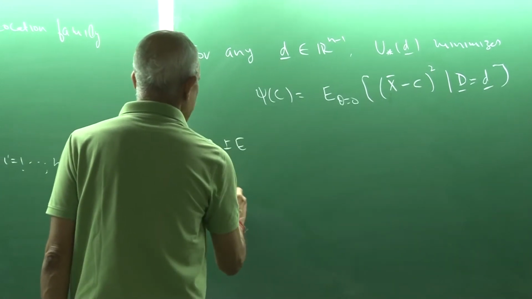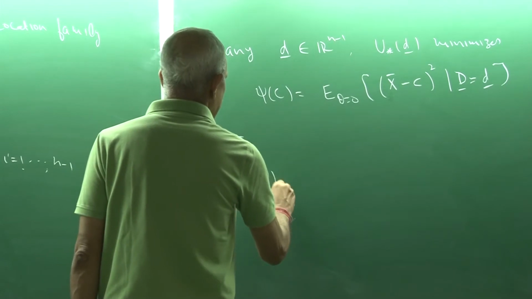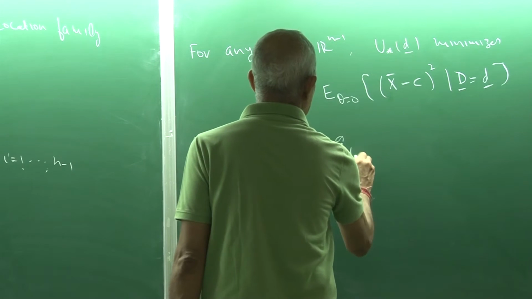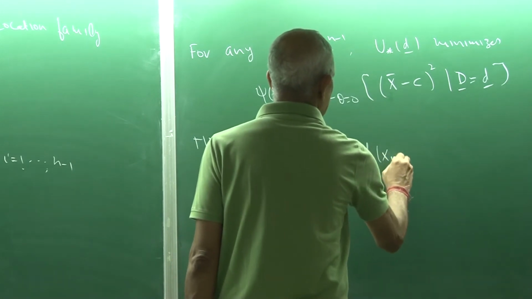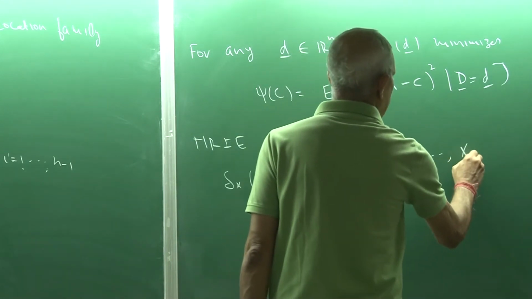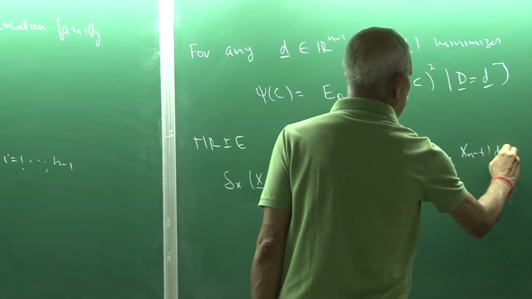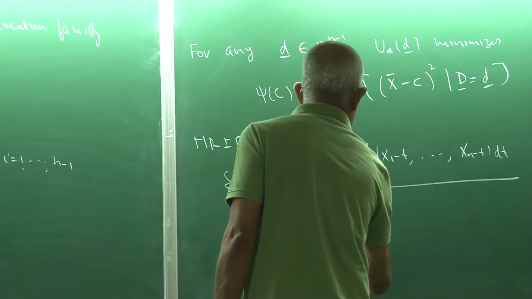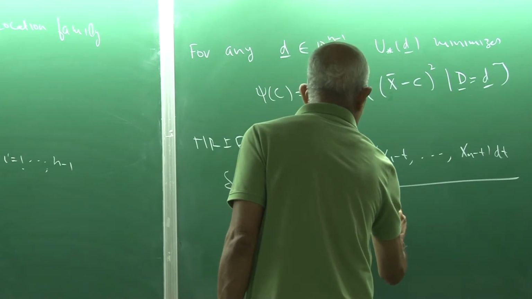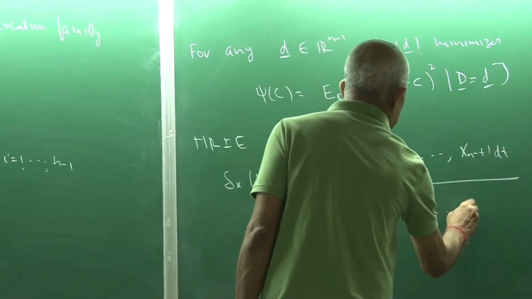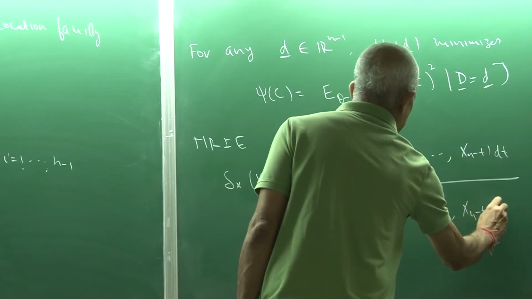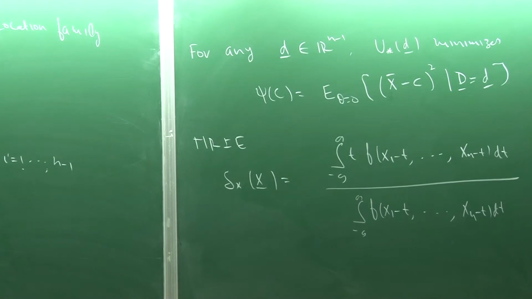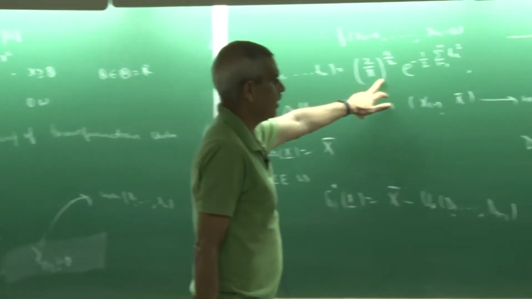MRI under square error loss function is same as delta star x equals integral from minus infinity to infinity of t times f of x1 minus t, ..., xn minus t dt, divided by the integral from minus infinity to infinity of f of x1 minus t, ..., xn minus t dt, where my f is this quantity.